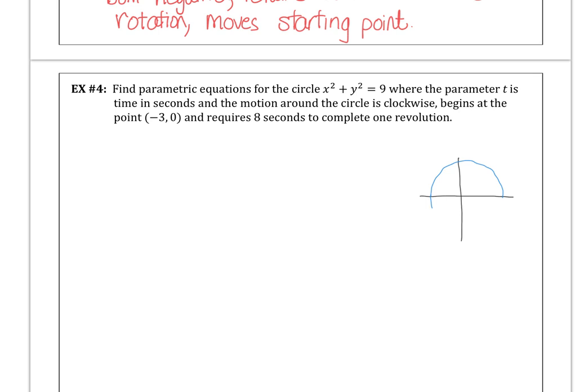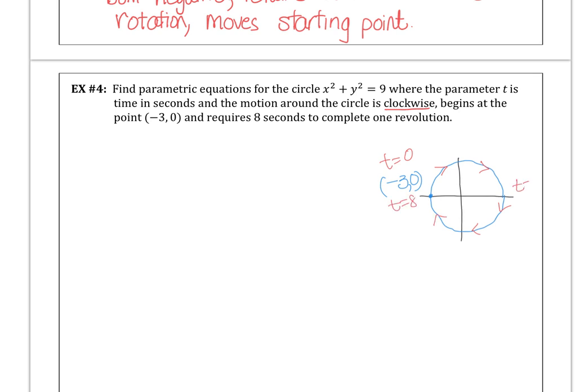So I'm a visual girl. My job is to start over here at -3, 0. We want that to happen at time 0. And we want to go, what did they say? Clockwise. So clockwise has to go this way. And it's got to take 8 seconds to get back around.